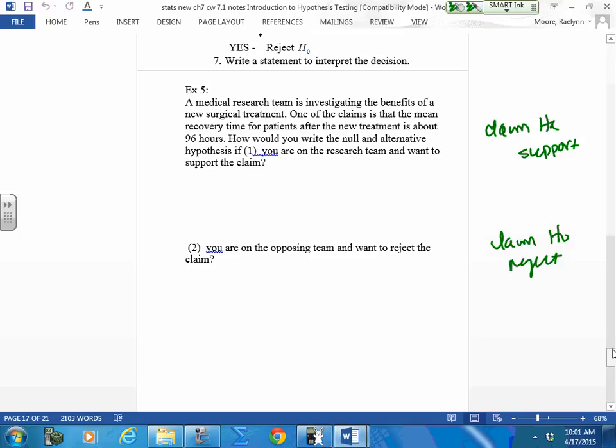Oh, okay, so why do you think it says less than 96? It's about. You want to make an HA because you need to use the same support. Now, think of this. You are the medical research team. Think about what this means. If I say it's greater than 96 hours recovery, is that good?